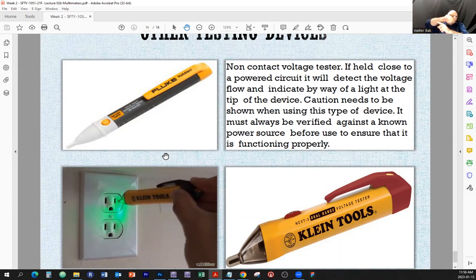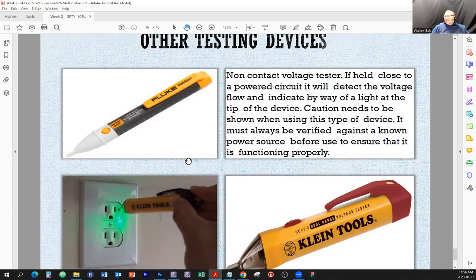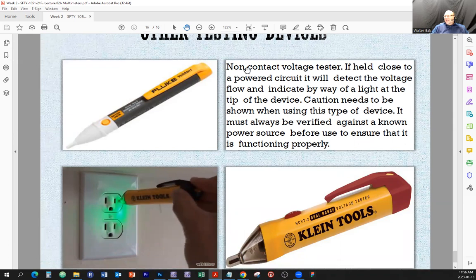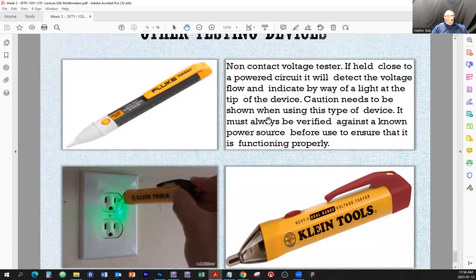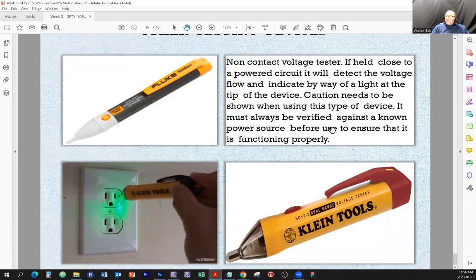You put the probe on the other side, it's not going to light up. So that's a pretty handy tool. It's non-contact. It works on proximity. It doesn't cost that much money, but sometimes, and I'm not kidding you, it might save your life. Before you touch things, it's going to let you know, oh, there's a voltage there.